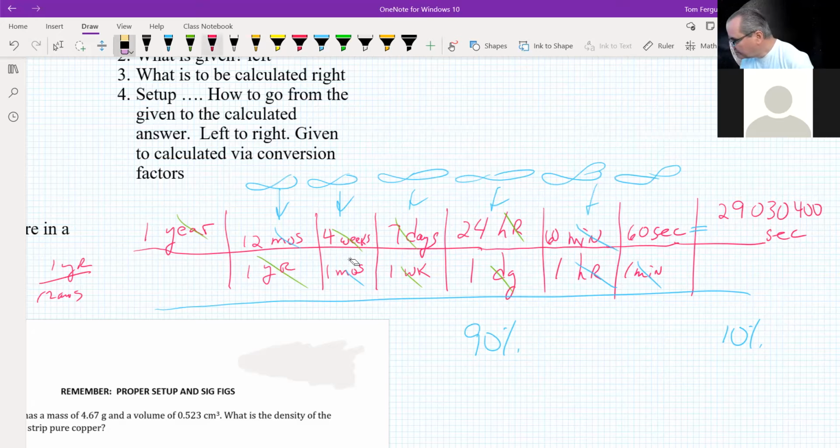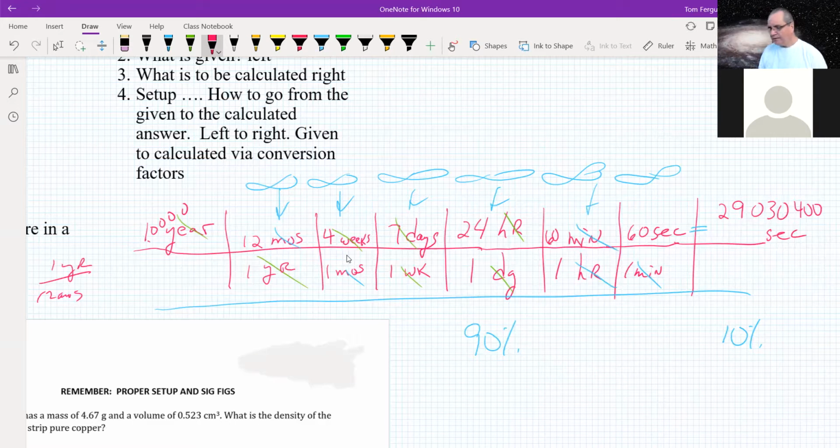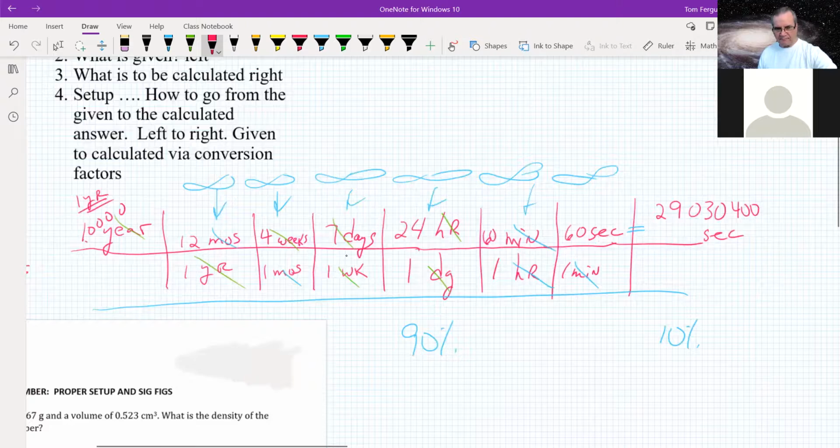Now I could have stated it 1.0000 years, or I could have just said 1 year. Because I said 1 year, that automatically makes the answer one sig fig.